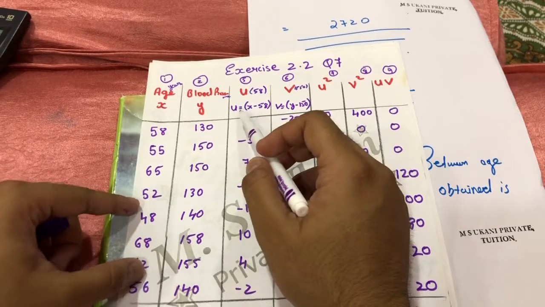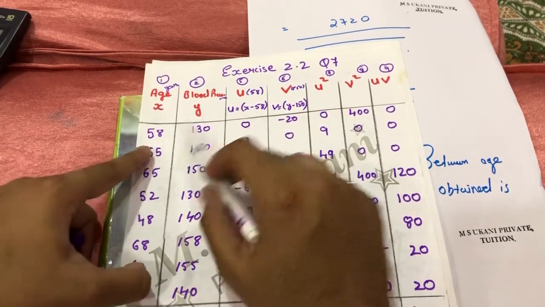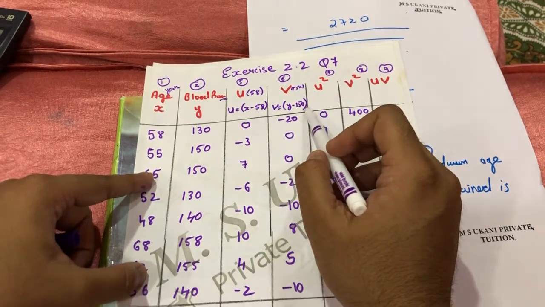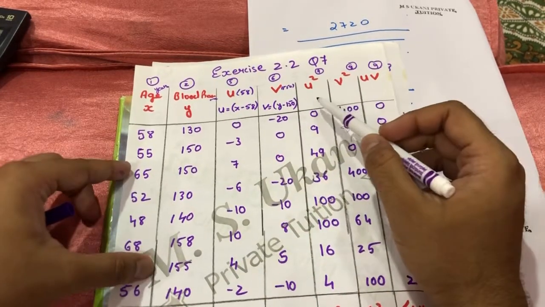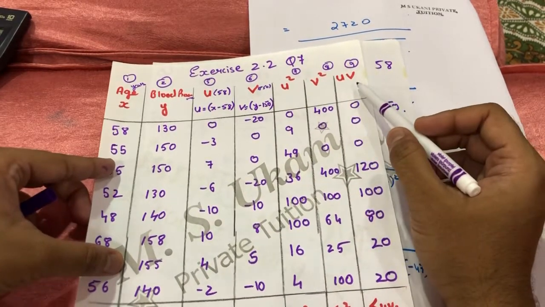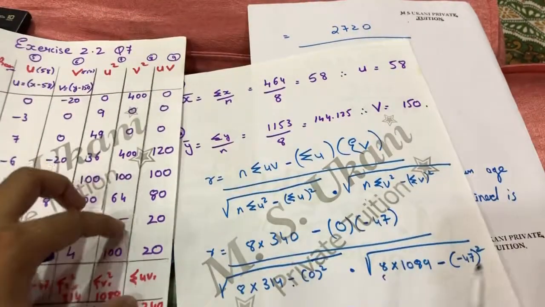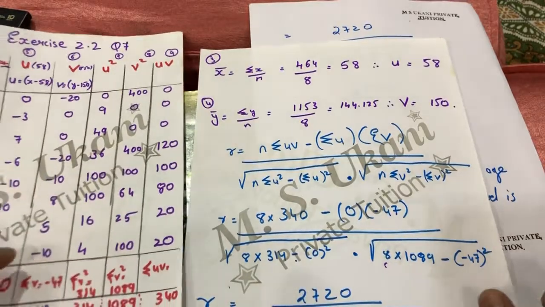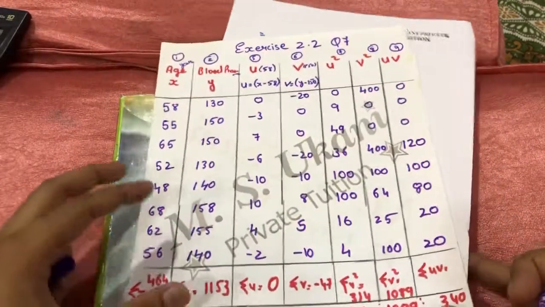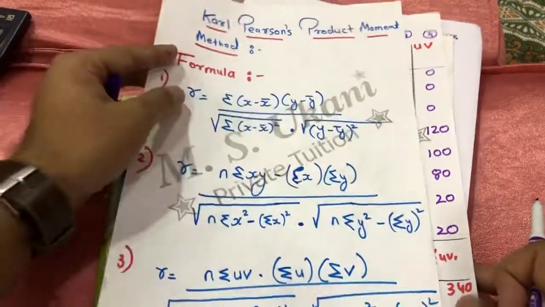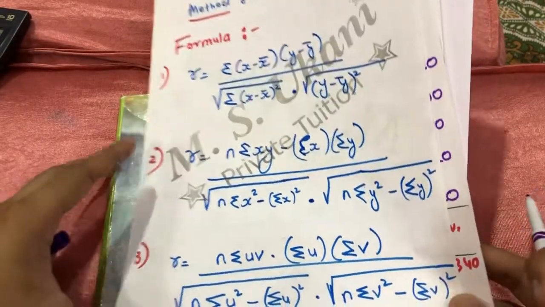You will get the formula for u is x minus u and v is y minus v. Okay. Then u square, v square and uv. And after finding all these columns, you have to put the formula. So in this way, we had completed our third formula, that is Karl Pearson third formula, that is UV.